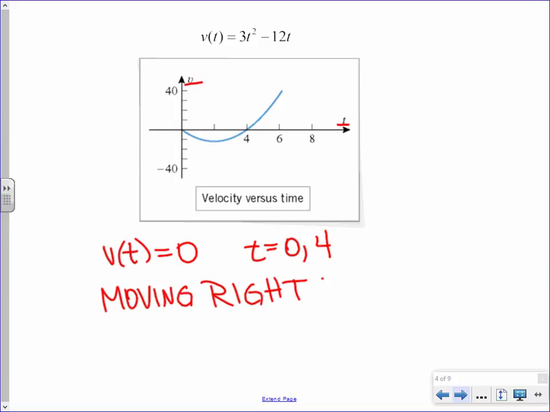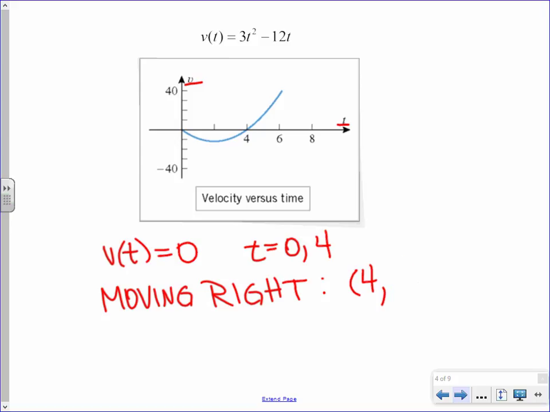Moving to the right means our velocity is positive. Connor, where is that happening? Our velocity is positive from 4 to 8.